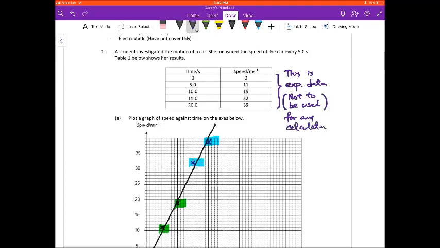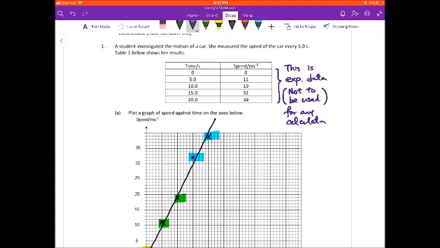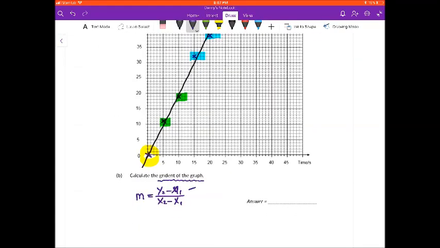So why am I saying that? Because some of you, when you are calculating your gradient, which is equals to y2 minus y1 over x2 minus x1, right? When you are doing that, you tend to substitute these values into here, okay, which is wrong.